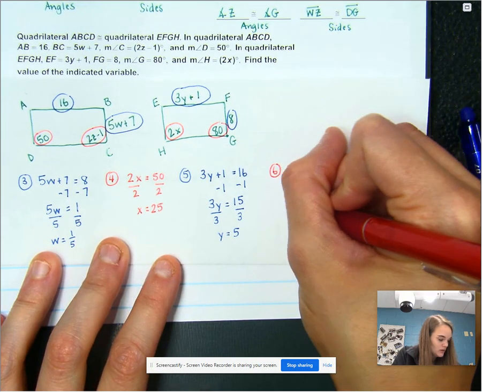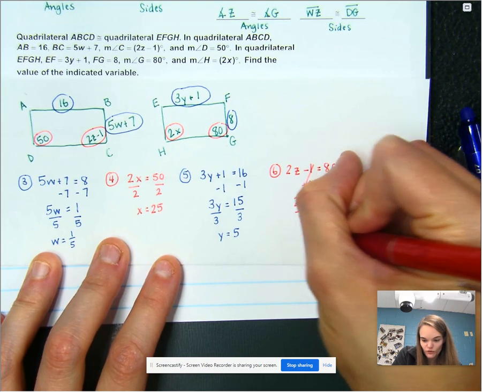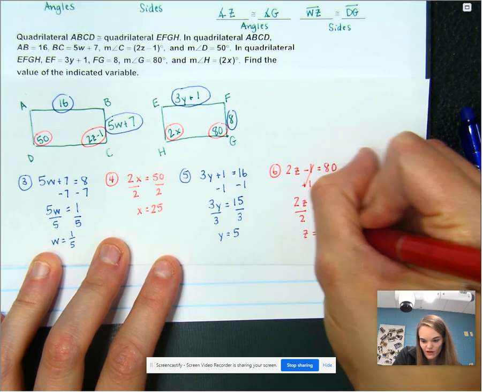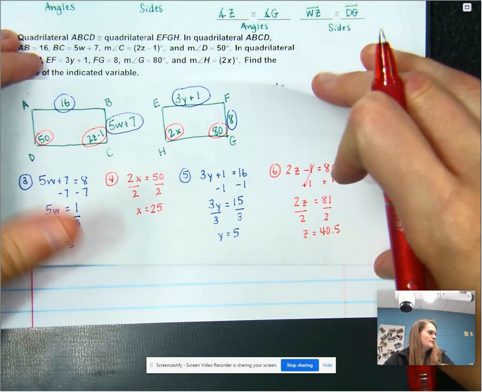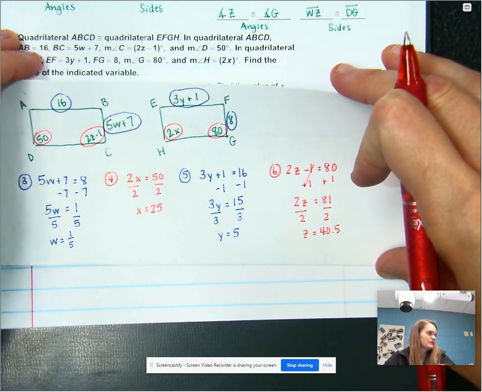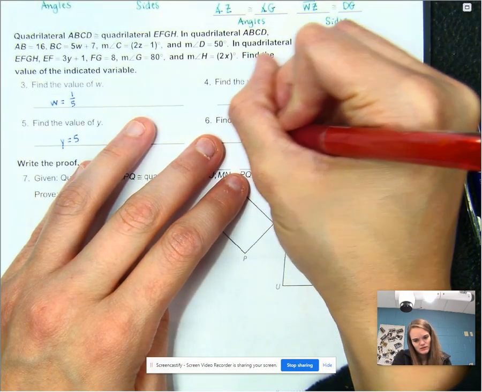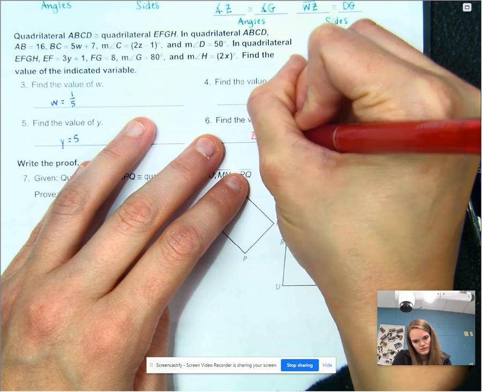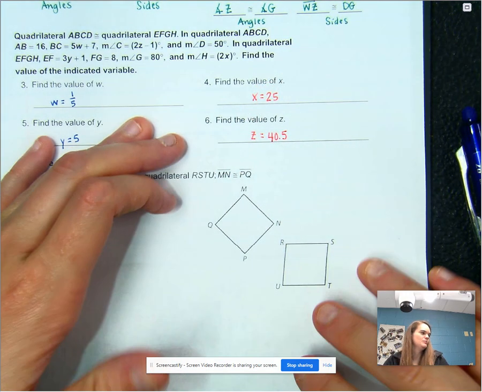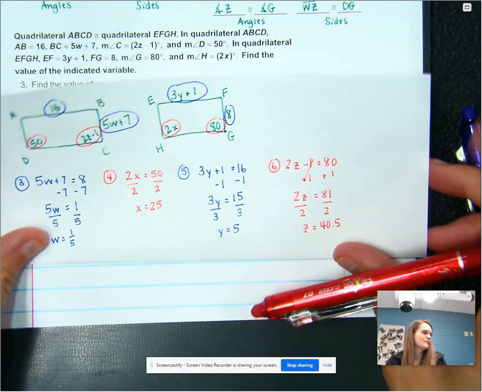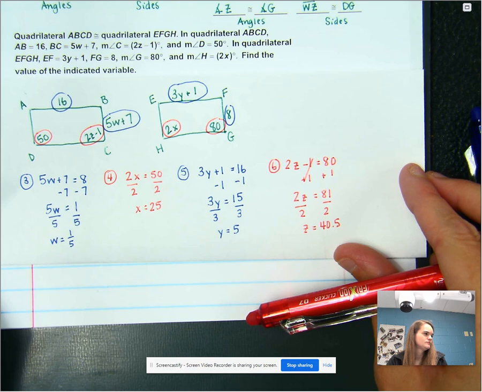Divide by 2. And you're going to get z equals 81 over 2, 40.5. I don't care if it's a decimal on that one. Z is 40.5. All right, I'm going to move this in case you need to see it one more time. There's all the work. Otherwise, we're moving on.